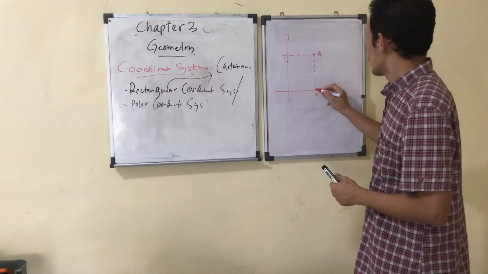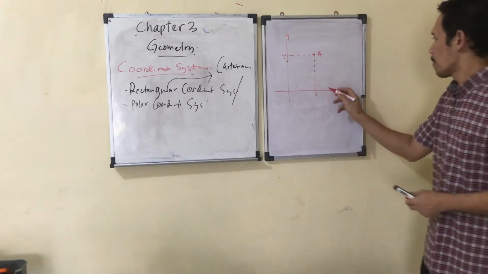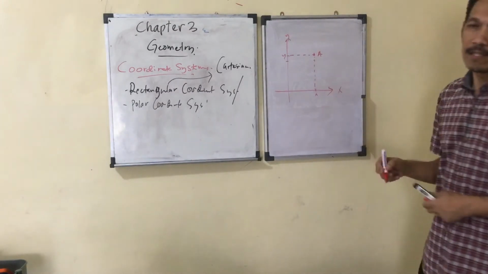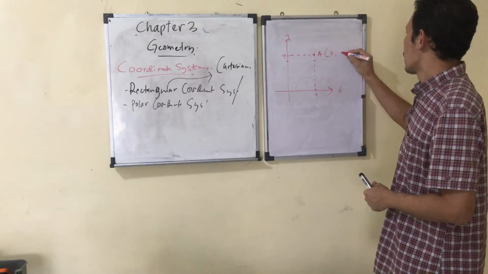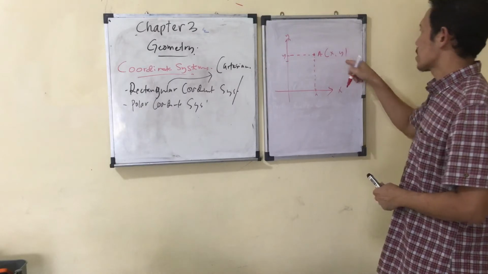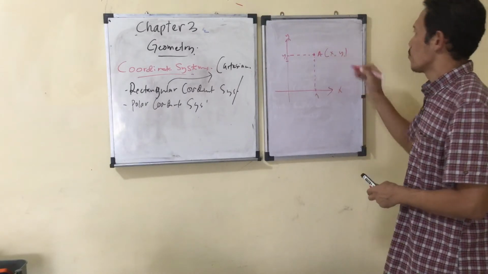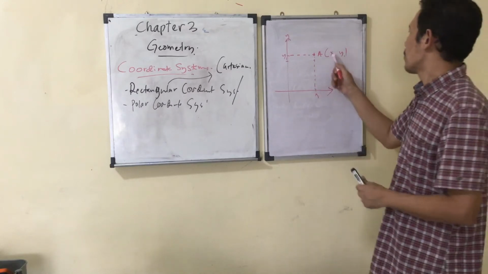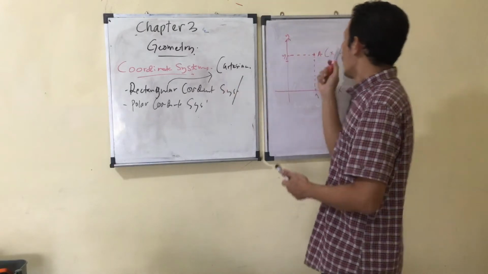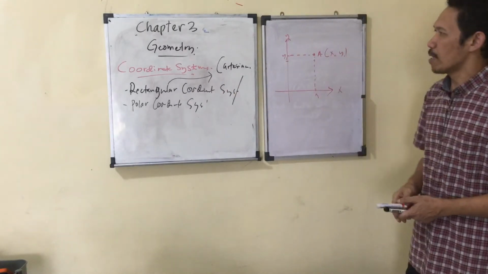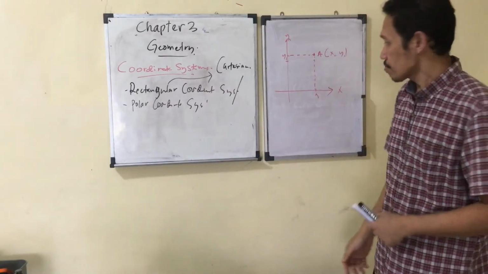Look at the scale of y and the scale of x, and you can find the coordinate point of A, which is (x1, y1). So you have the value of x and the value of y, and this is how to define the point A by using the coordinate system, which is called the rectangular coordinate system.